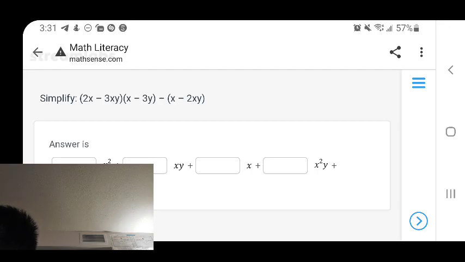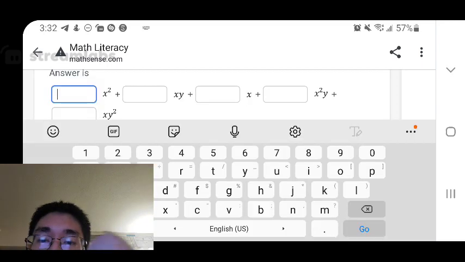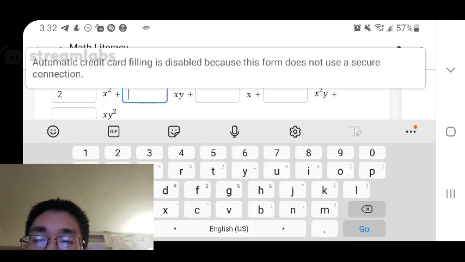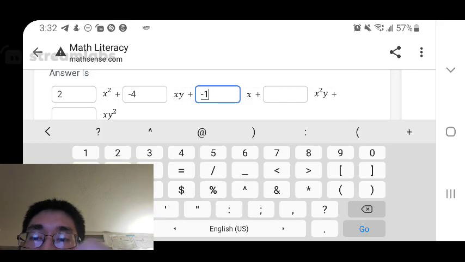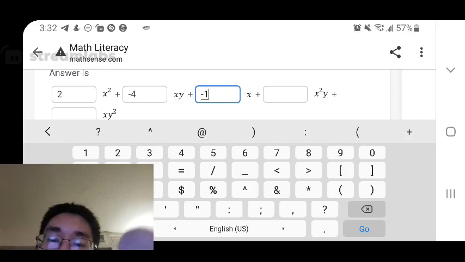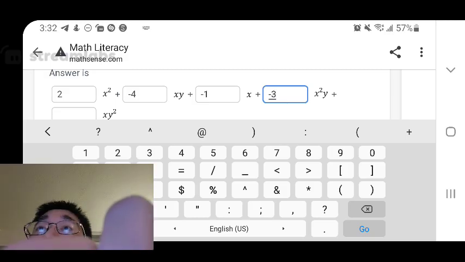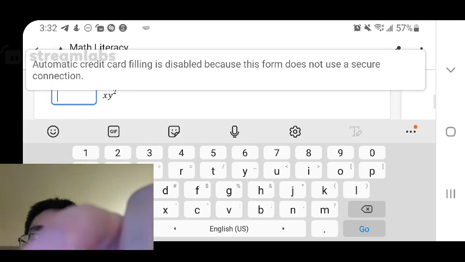It's still minus. It's minus 3x squared y, so we want negative 3. Plus 9xy squared, so 9 at the end. So once again, it's 2, negative 4, negative 1, negative 3, 9.